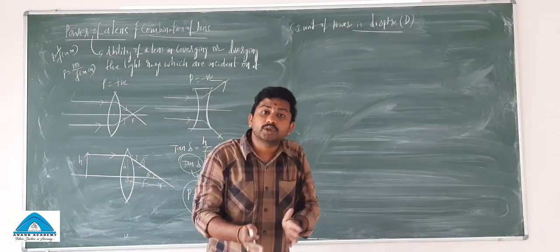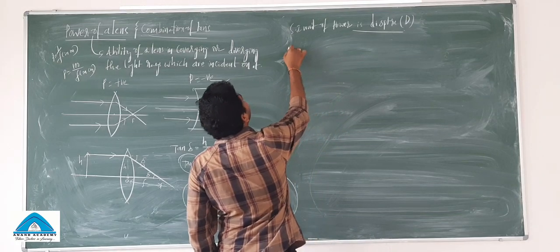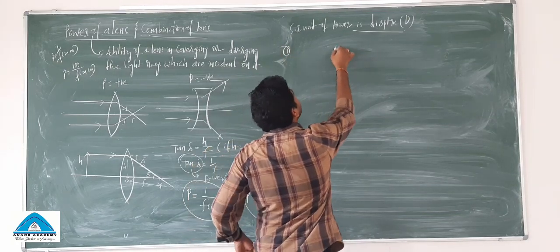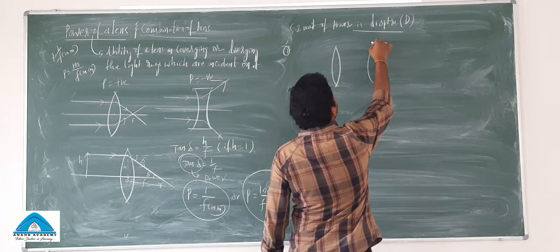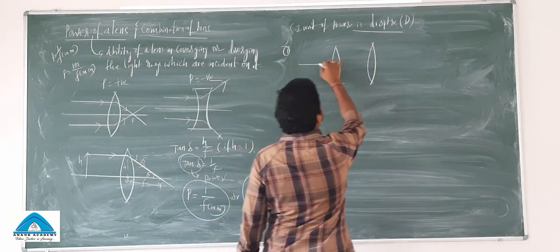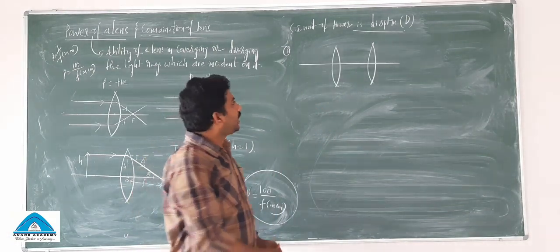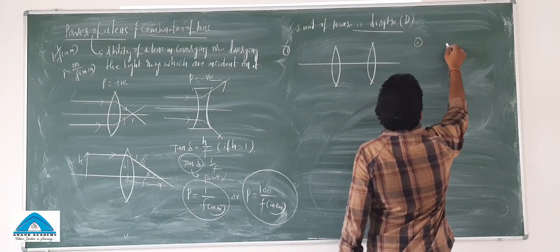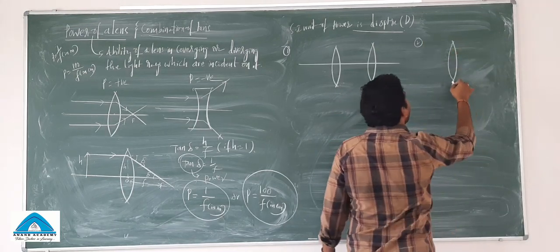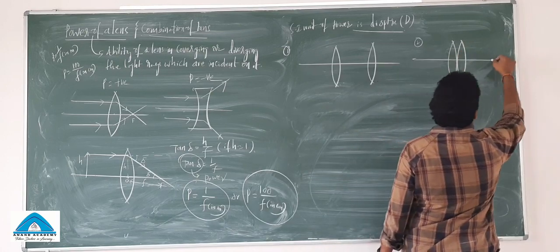Let me show you with a neat diagram here. So now the first case we are going to discuss in the combination of the lens is this one. You can see these are two different lenses, and here when they are combined, we are discussing.